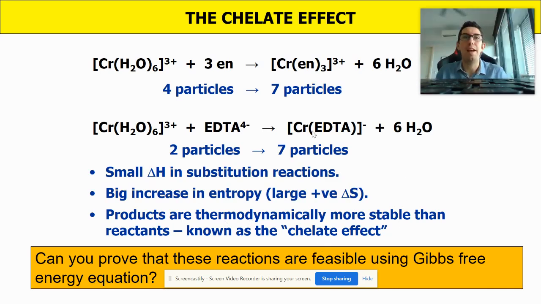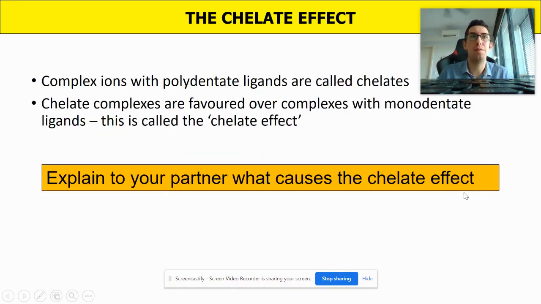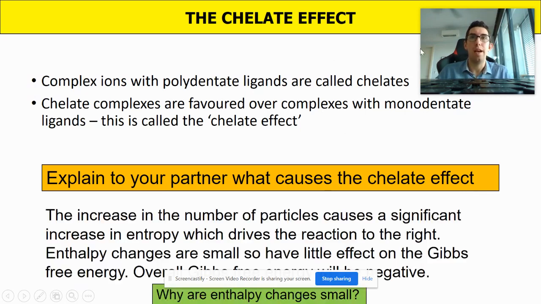Okay, so the chelate effect is basically the situation where we have multidentate ligands replacing monodentate ligands. Even though the delta H is relatively small, the entropy change is relatively large, making these reactions favorable. You can prove this using the Gibbs free energy equation. Okay, so what's it saying?